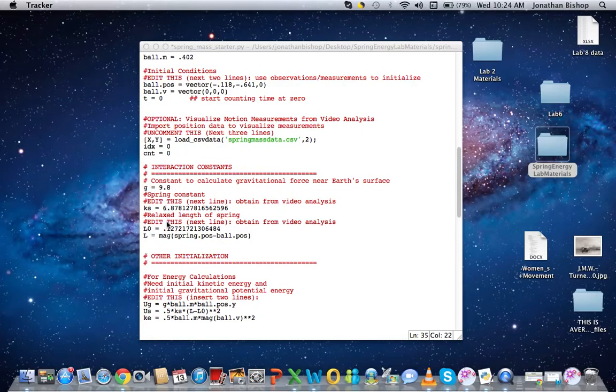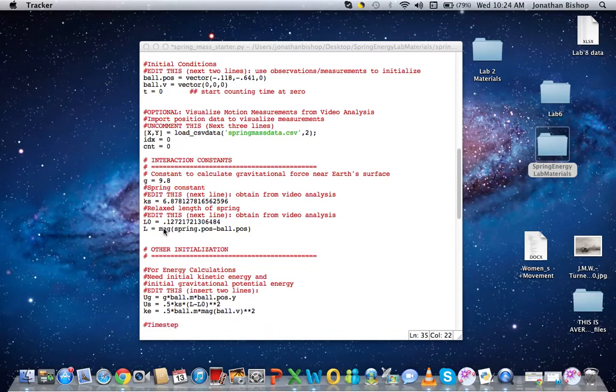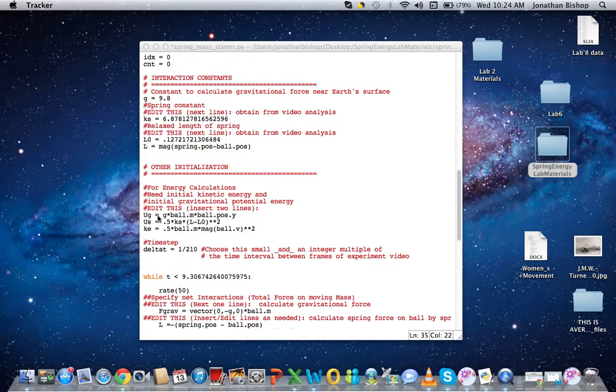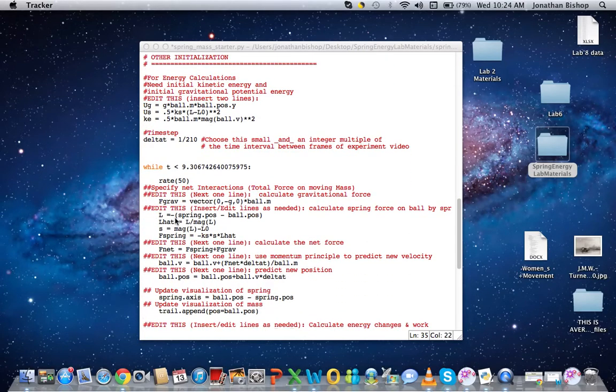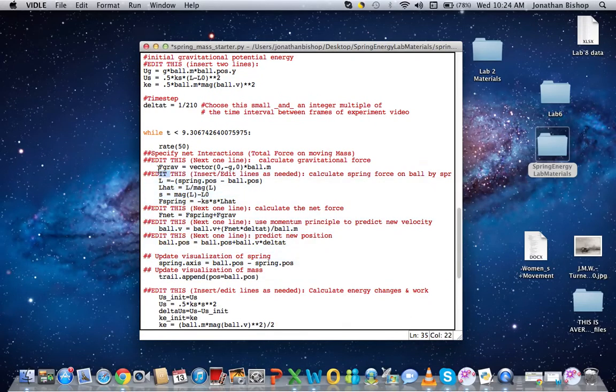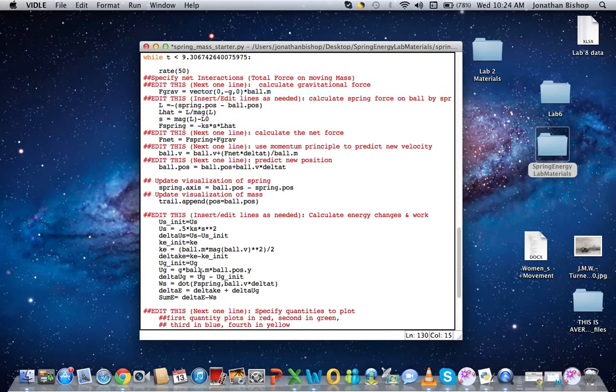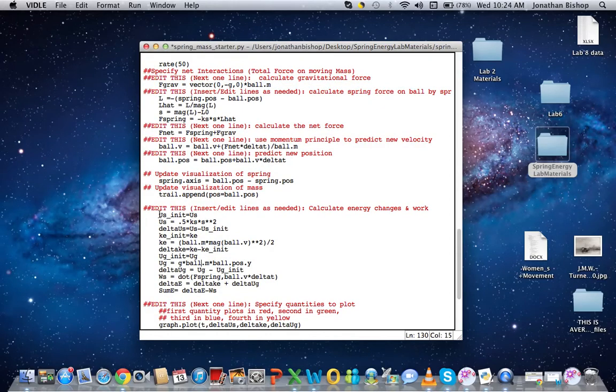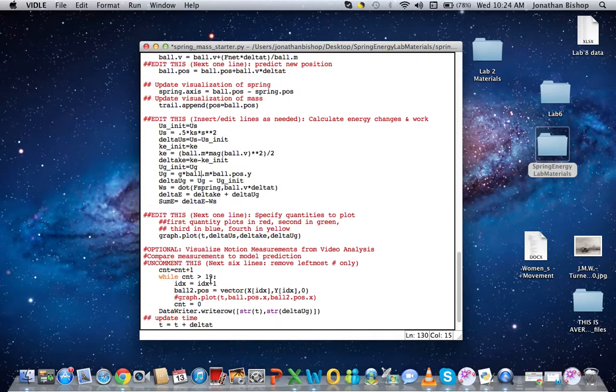Plugged in the ks, the relaxed length, and then you can see this is where I put the equations into my model, and here's the momentum principle being used to update position. And here's how I defined all my change in energies.